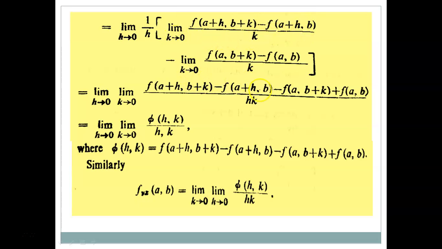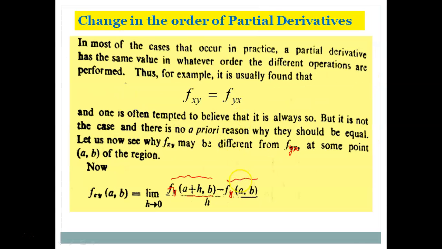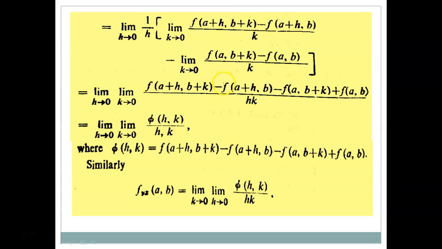Similarly for the second part. This part can be expanded in this manner. So now we have these consecutive limits, limit h tends to 0, limit k tends to 0. This expression is left. Now in this expression we are taking the limit h tending to 0, k tending to 0.